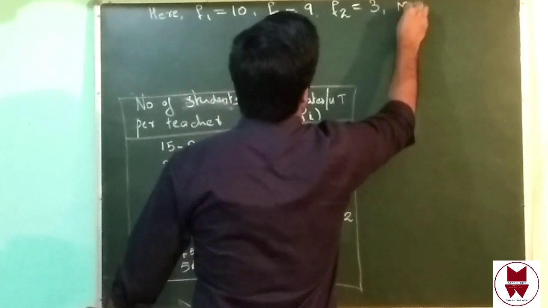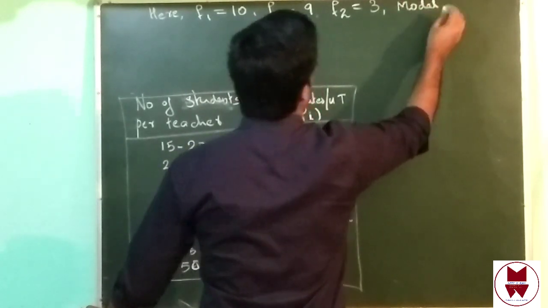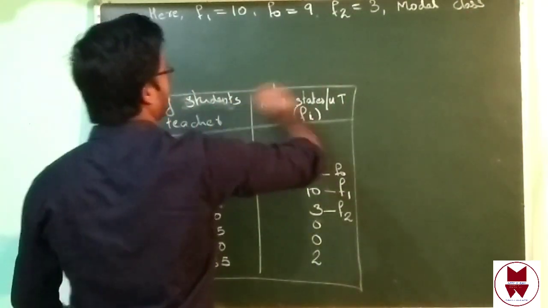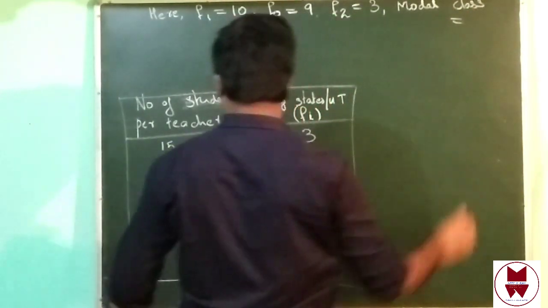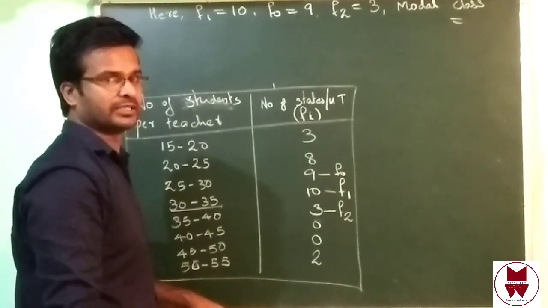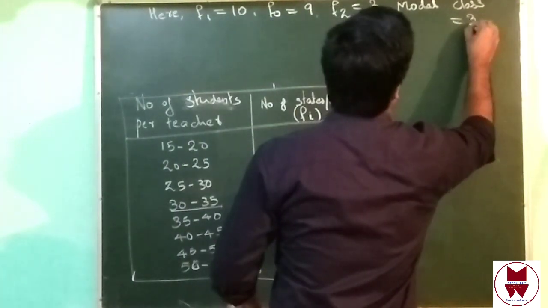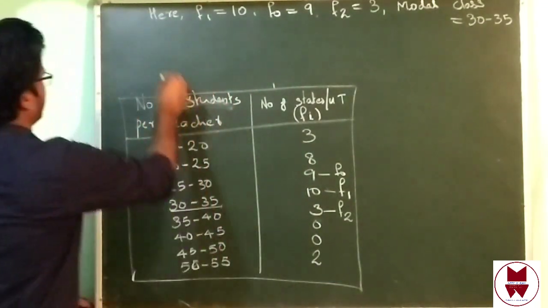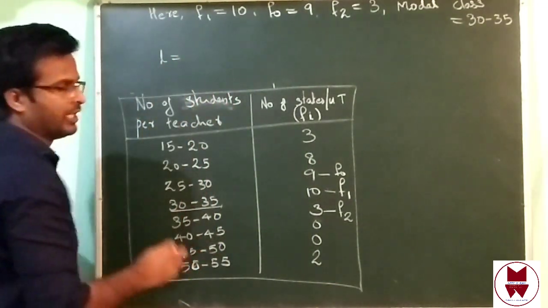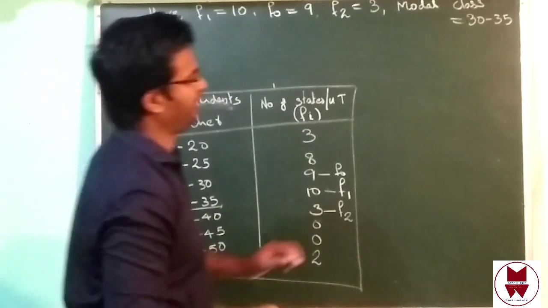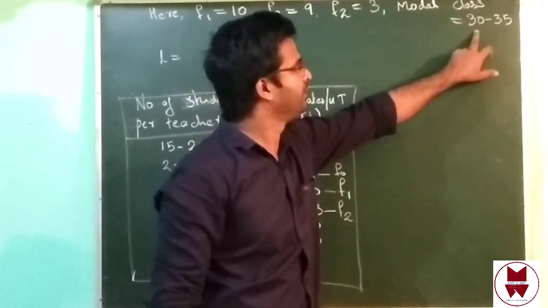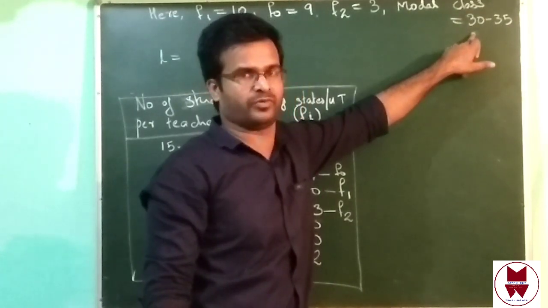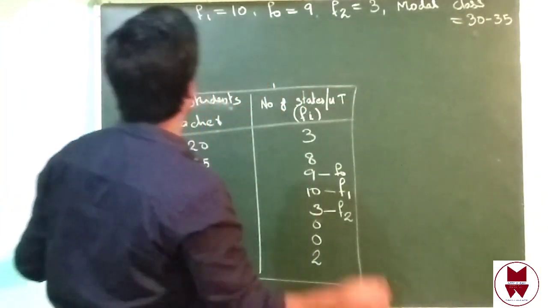Then the modal class equal to, what is the modal class? 30 to 35. Then L. L means the lower limit of the modal class. What is the lower limit of the modal class? This 30, isn't it? 35 is the upper limit, 30 is the lower limit. That means L we can write 30.